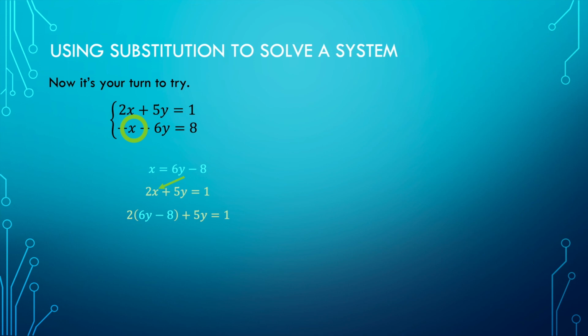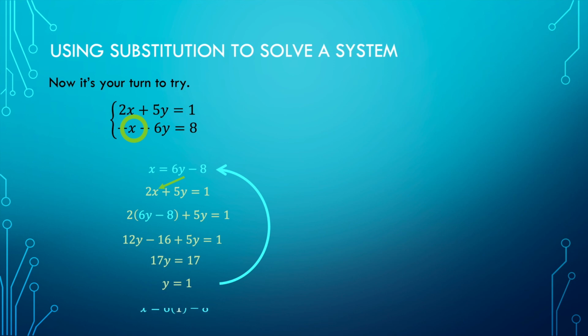Go ahead and use distribution. 12y minus 16 plus 5y is equal to 1. Combine your like terms on the left and move your constant to the right. 17y is equal to 17, and y is equal to 1. Take that value and sub it back into your x expression.